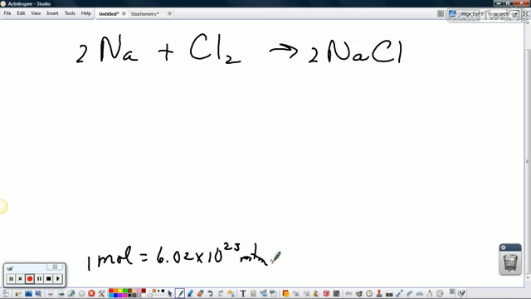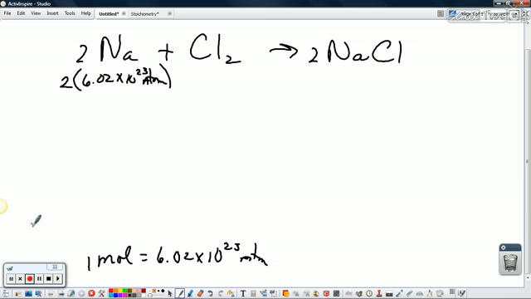So if I have 2 atoms here, that's the same thing as 2 times 6.02 times 10 to the 23rd atoms. Now, is there an easier way to say 6.02 times 10 to the 23rd without having to say 6.02 times 10 to the 23rd? Mole.